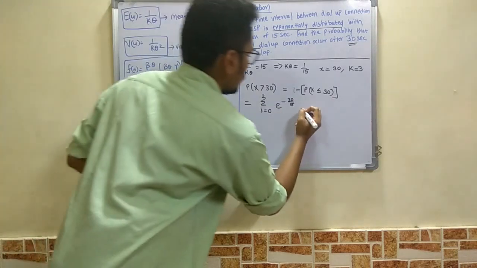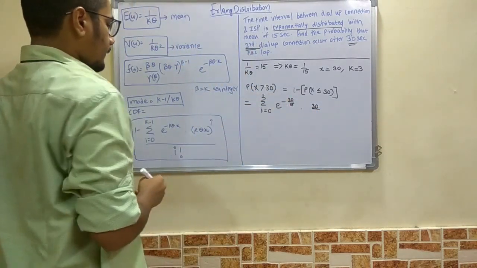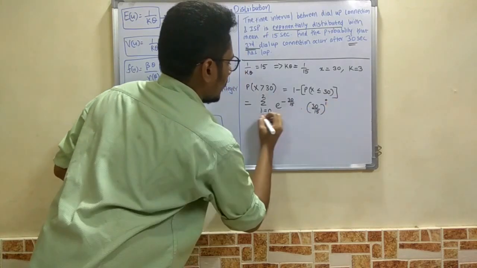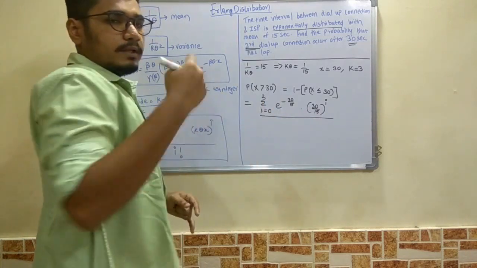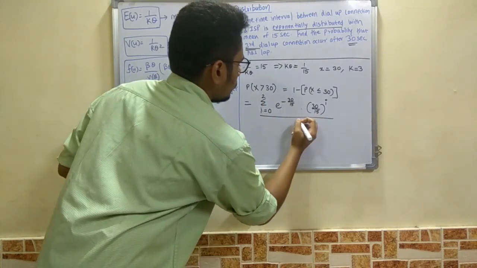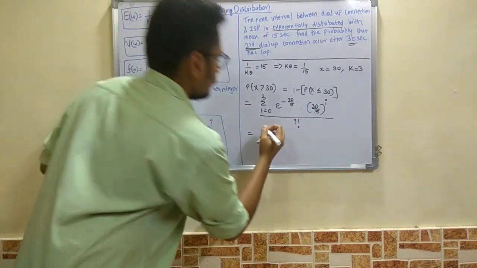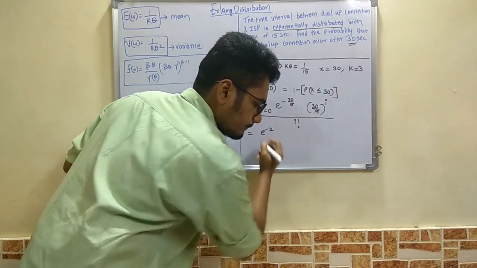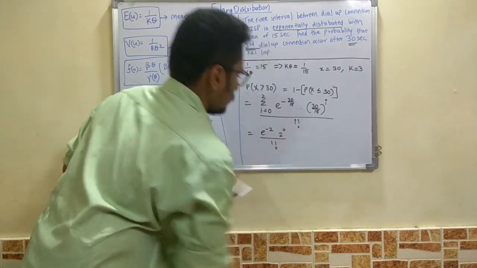and multiplied by k theta x, that is 30 divided by 15. Similar here, and we have the i here, which will go first for 0, then 1, then 2, and here we have the i factorial. So when we put in the values, the first value is e raised to minus 2 multiplied by 2 raised to 0 divided by 0 factorial.